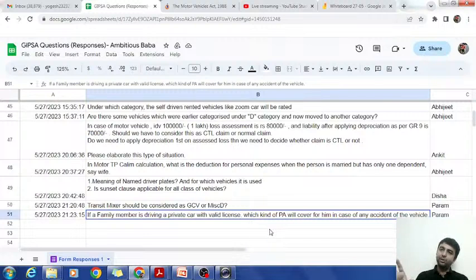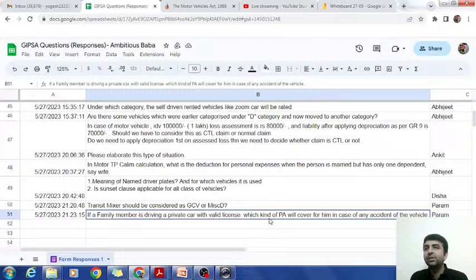It can be either a transport or a non-transport. Non-transport vehicles are generally those less than 7,500 GVW. So still there is a categorization. I request you to check it with the motor OD department, and they will show you the exact licenses and the exact way they work.